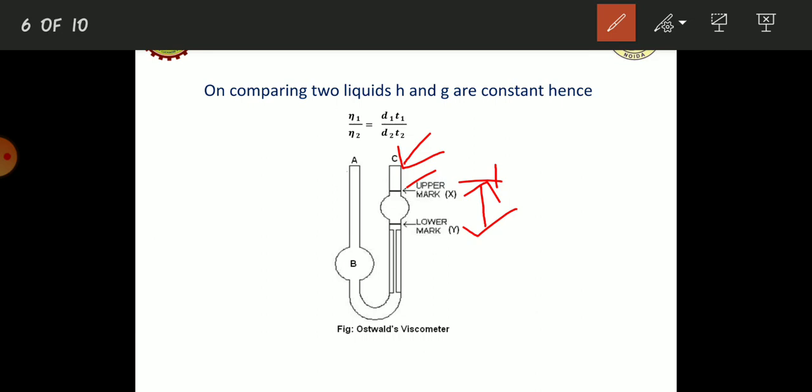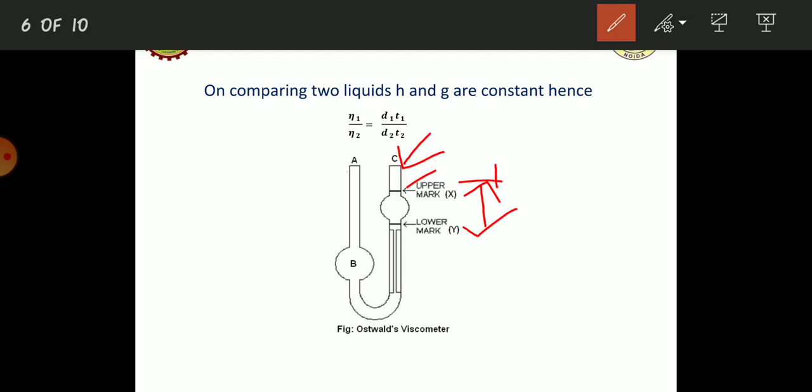After filling the water into the B tube, suck up the liquid through the rubber tubing until it rises above the mark X. Now allow the liquid to fall freely through the capillary up to the mark X, start the stopwatch, and note the time T1 for the flow of liquid from mark X to Y. Repeat this procedure until you get 3 concordant readings.